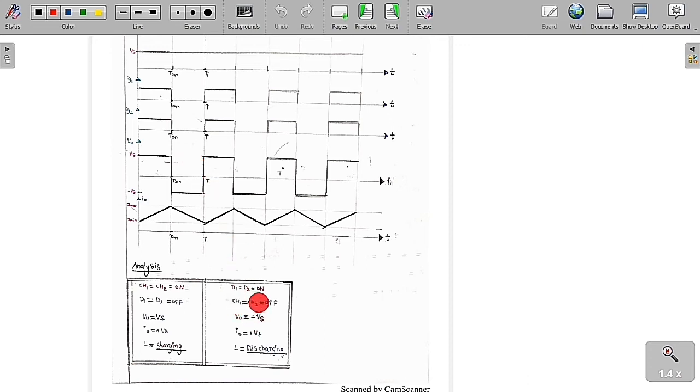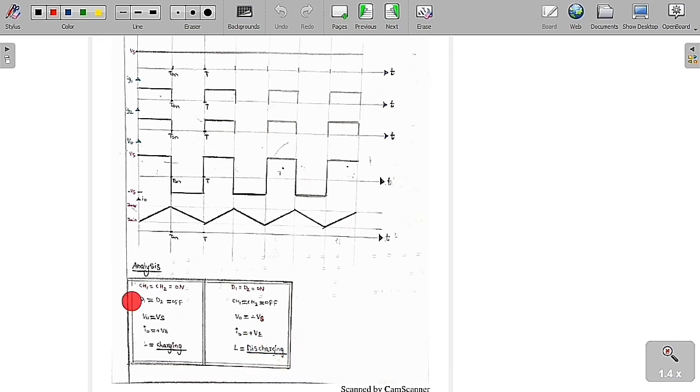The output voltage is now minus Vs and the current is again positive, but now the current is going to decay because the inductor is discharging.